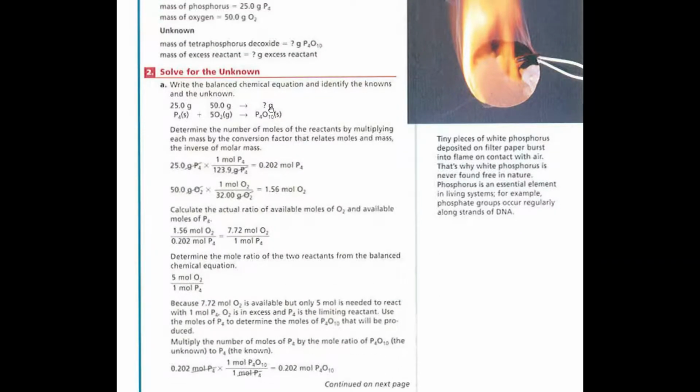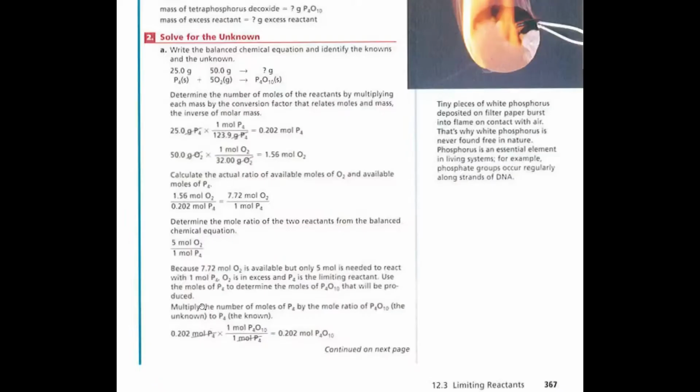Looking at our balanced chemical equation, for every 1 mole of P4 I have, how many moles of P4O10 do I have? Hopefully you realize it's just 1 to 1 because there's an invisible 1 here and an invisible 1 there, right? So if I have 0.202 moles of P4, how many moles of P4O10 do I make? Let's use the molar ratio we just found, which is just 1 mole divided by 1 mole, which is just 1, which means for every 0.202 moles of P4, I have 0.202 moles of P4O10 being made.